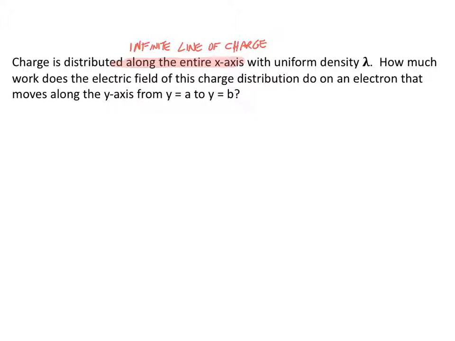And so in the y direction, which is what we're paying attention to, the formula for an infinite line of charge, 4 pi epsilon naught, or k, but we start writing it out this way because things start canceling on us.